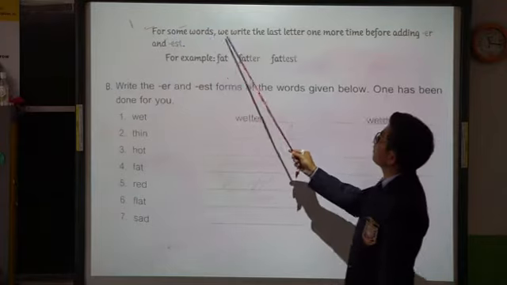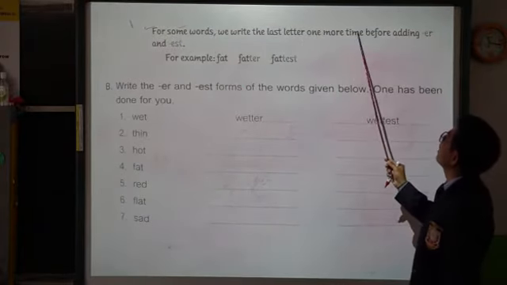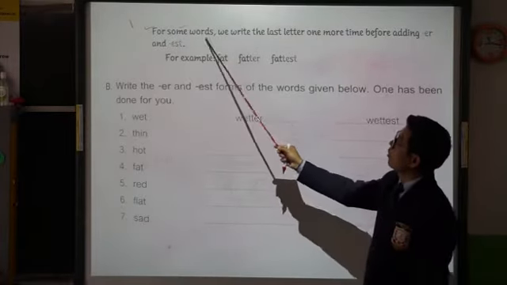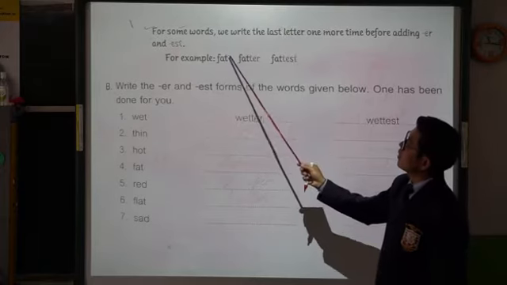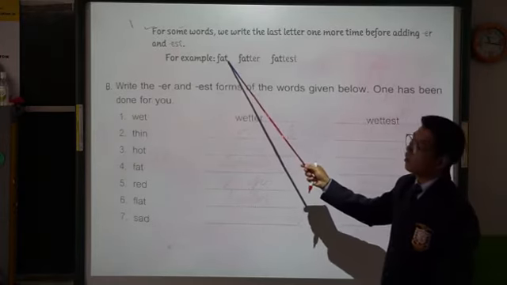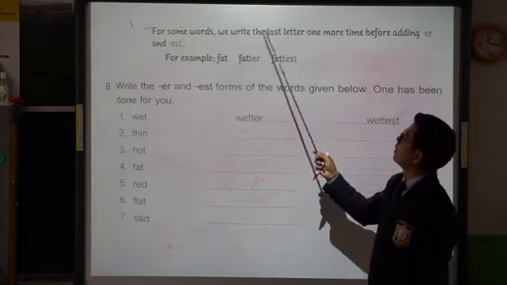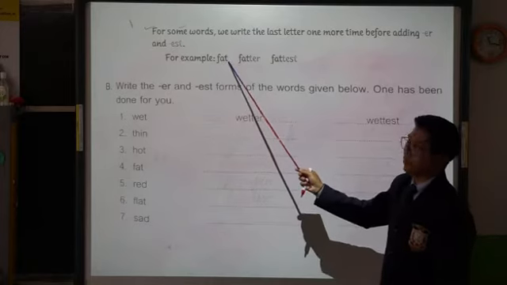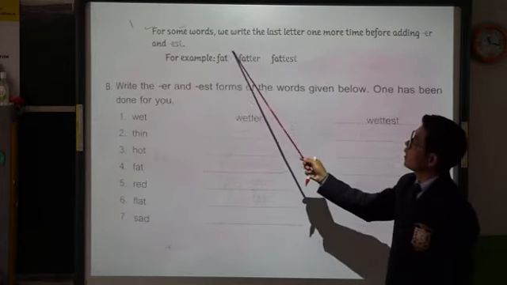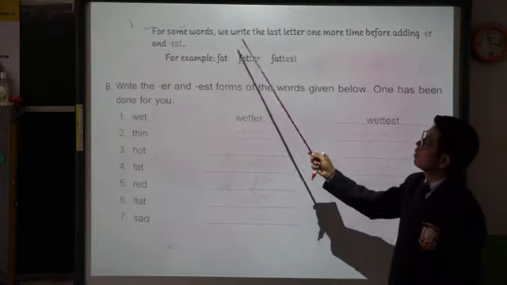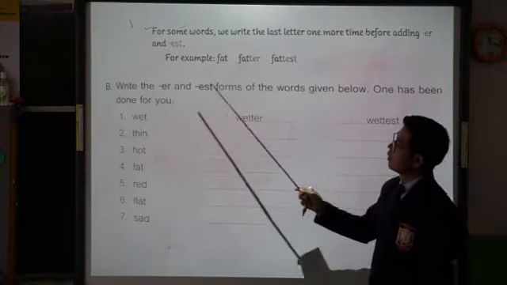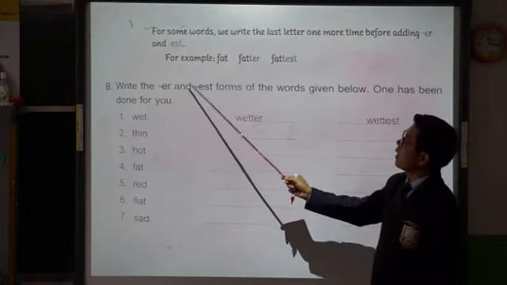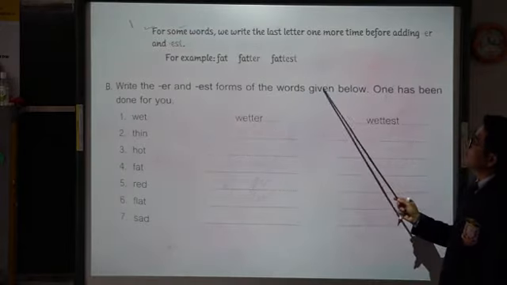For some words, we write the last letter one more time before adding ER and EST. So what is the last letter here? F-A-T. The last letter is T, isn't it? So the T we write twice, then ER and EST. According to this, write the ER and EST forms of the words given below.